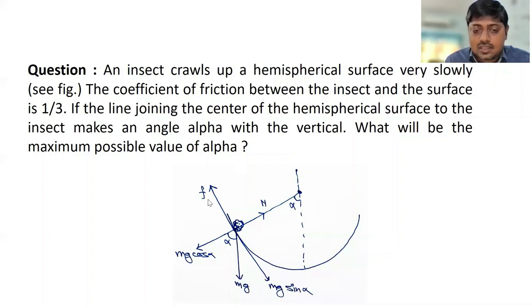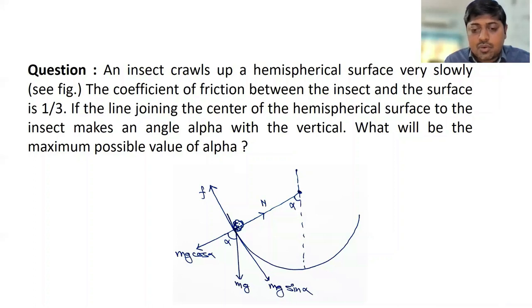So at some position, this mg sin alpha will be equal to f for a particular value of alpha. That will be the maximum value of alpha. Above that, the value of mg sin alpha will be higher compared to the frictional force, and the insect will start falling down or coming down from its position.